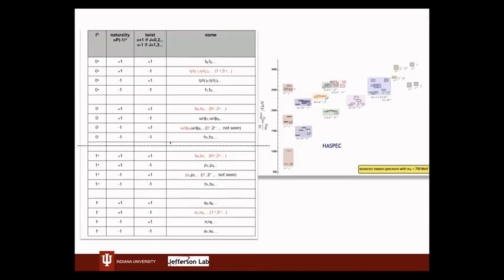So here is a little summary, for example, of the classification of states of light mesons from the perspective of reggelons. What you see here in the table below the dashed line are the isovectors. Above the dashed line are the isoscalars.